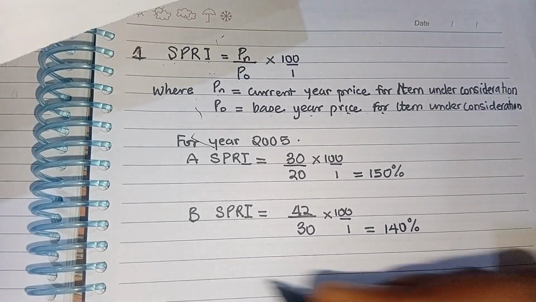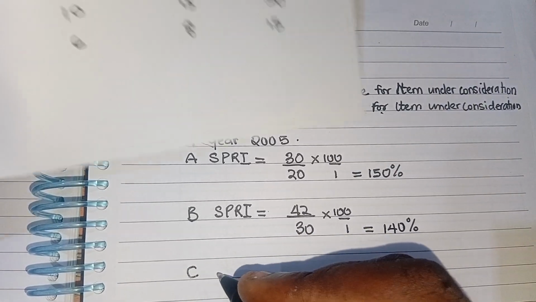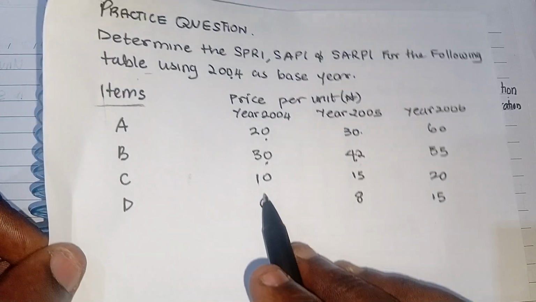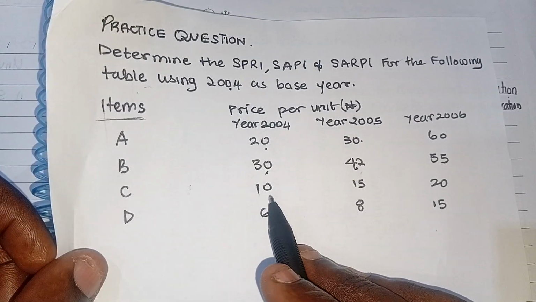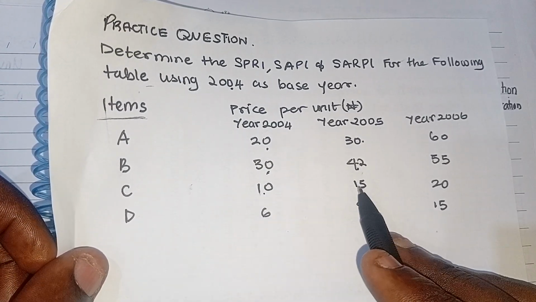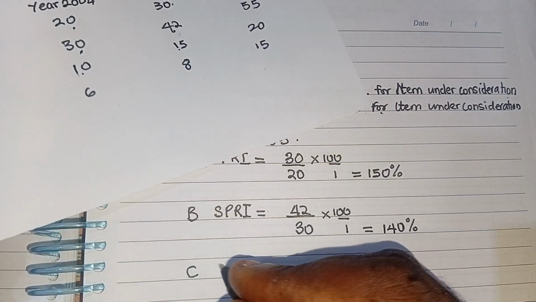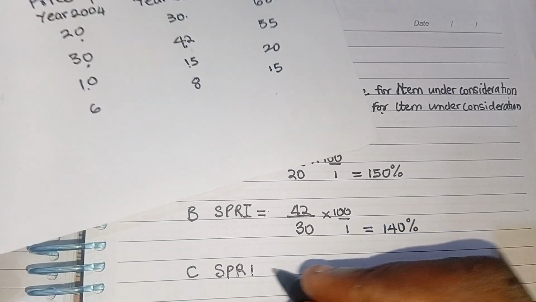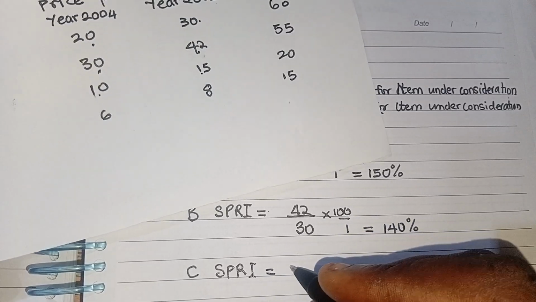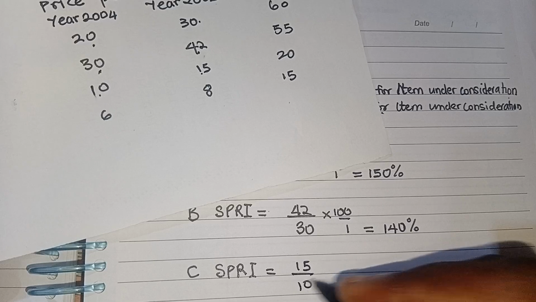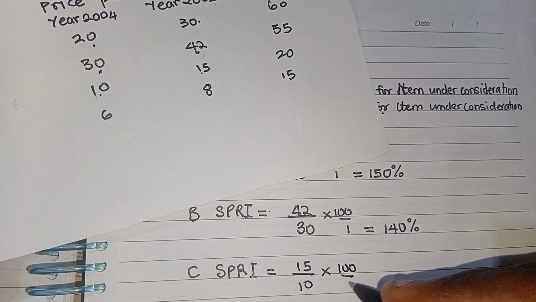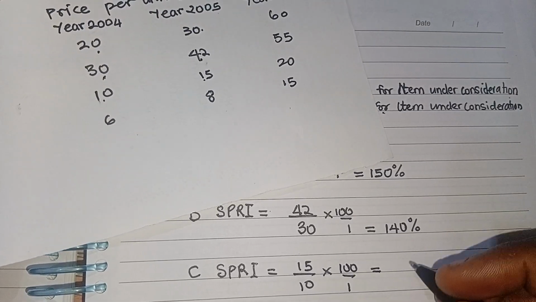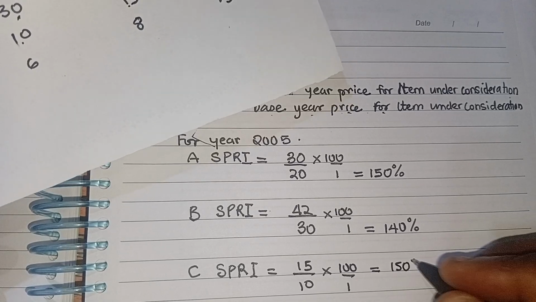Then for item C, the base year is 10, the current year is 15. So SPRI will be 15 divided by 10 multiplied by 100 all over 1, and this, of course, will give you 150%.